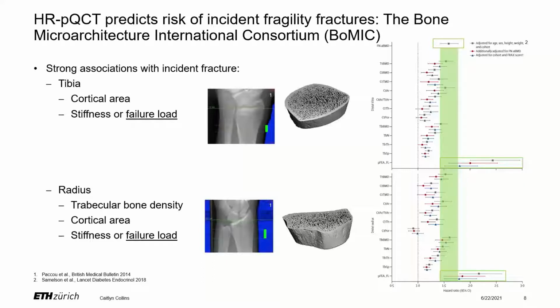You can see that cortical area had a strong association with incidence of fracture in both the tibia and radius, and additionally trabecular bone density in the radius. For both cases, failure load was one of the strongest predictors of incidence of fracture, which you can see at the very bottom of the two plots. This is likely because it takes into account a lot of other factors than just mineral density.